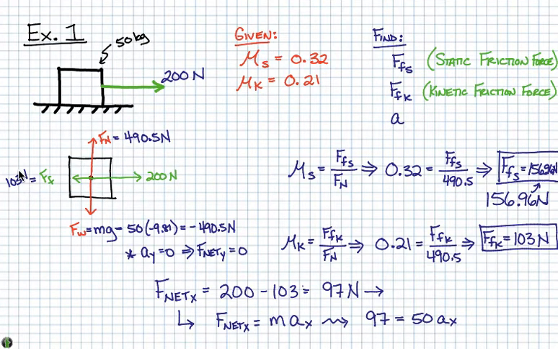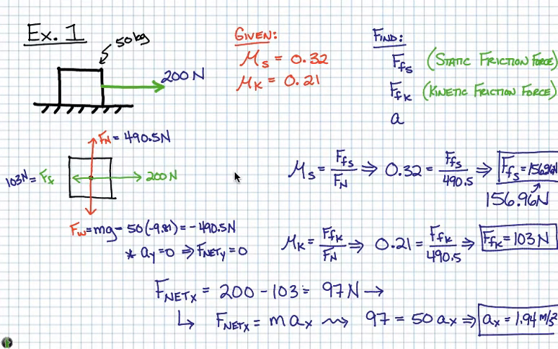Now in this case, we should be able to look at this diagram and realize, based on this setup, it will only accelerate in the x. There's no way that this will accelerate up and down. There's no up and down force. So if we solve this, we should be able to find that the acceleration in the x direction is 1.94 meters per second squared. I found that by simply dividing 97 by 50.